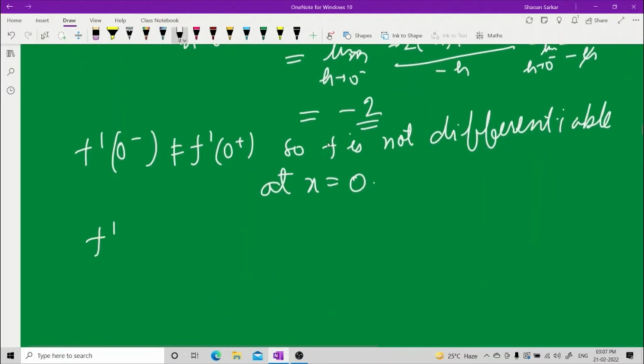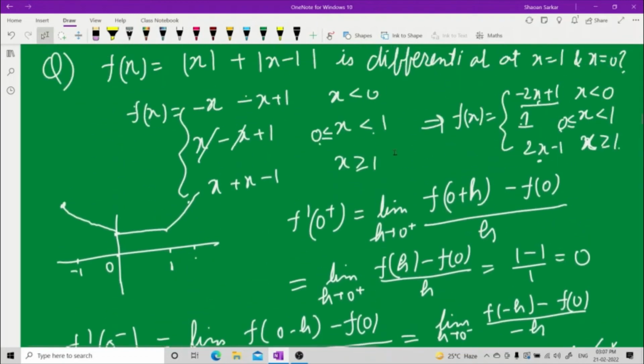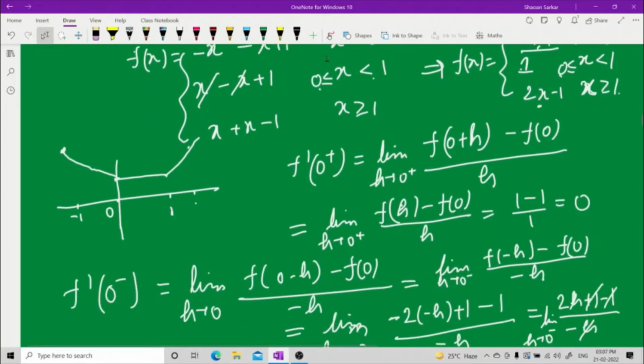Similarly, we will check for x = 1. Now f'(1+) is the limit as h tends to 0+ of (f(1 + h) - f(1))/h. For 1 + h, we know 2x - 1 is the function, so at 1 you will have to take this.